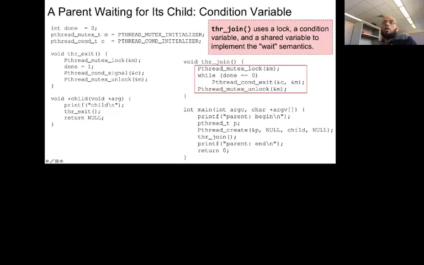Okay, so if you're waiting on this condition C, and basically suppose that right before you unlock M, you get descheduled, you get removed from the processor, and join gets scheduled.